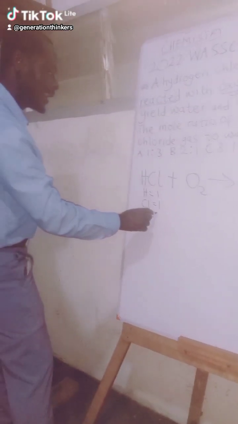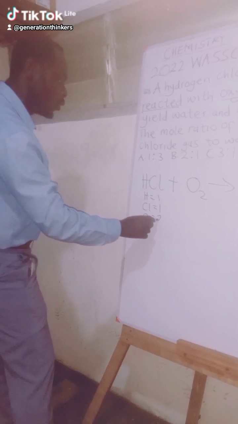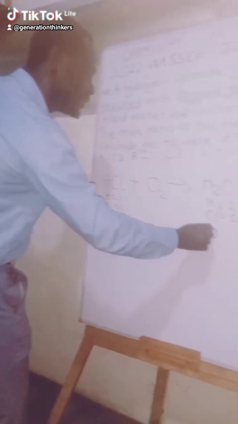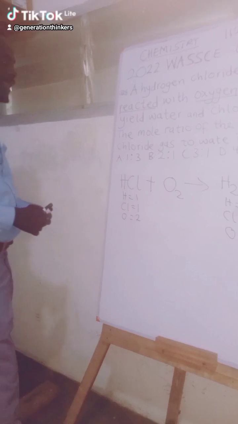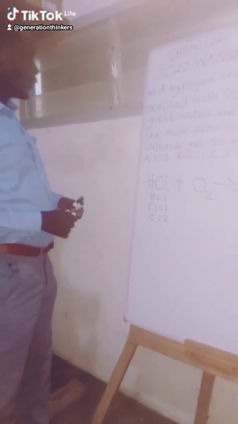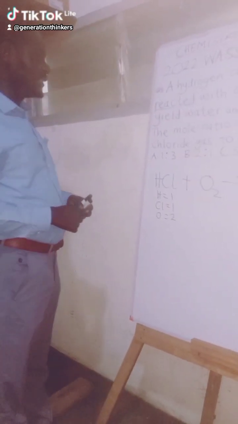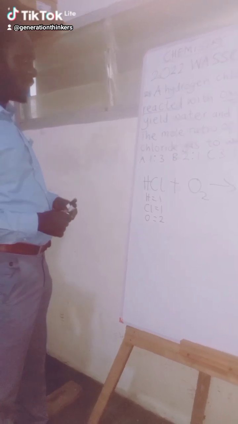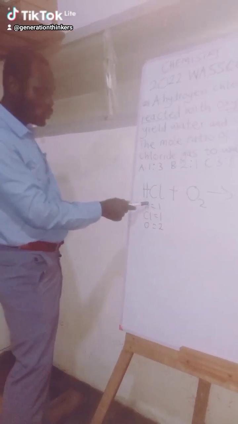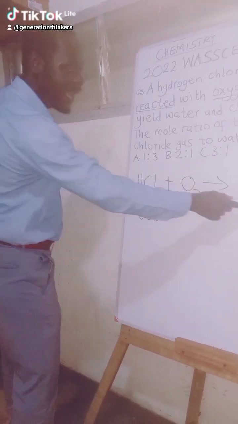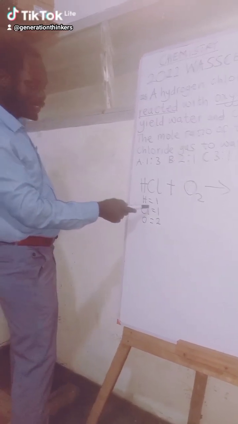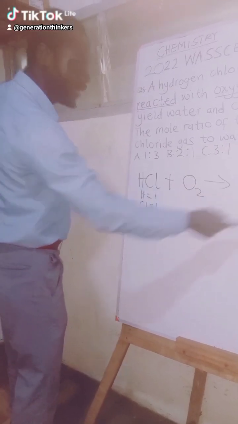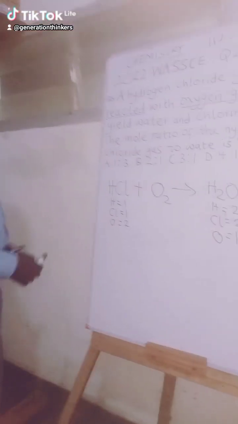Oxygen at the reactant side is 2, and oxygen at the product side is 1. So looking at the number of atoms of each of the elements, you can see that the equation is not balanced.